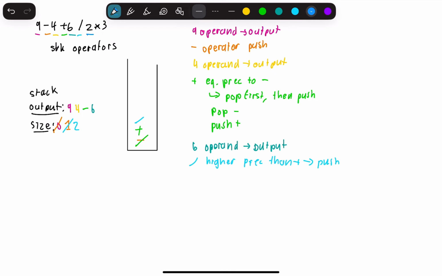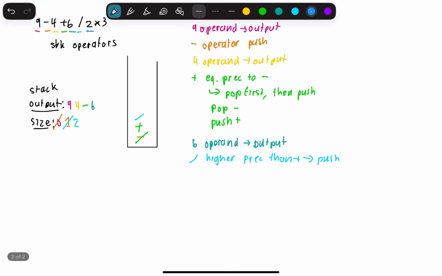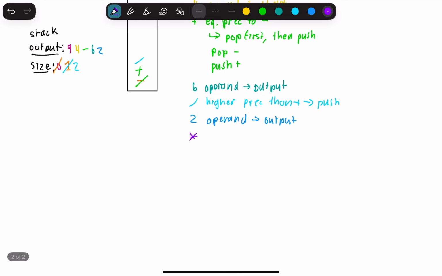So now after this we have 2. So 2 is an operand, and operands go to the output, right? So you write that here, and your size is still going to be 2 because you didn't alter anything. Now after this you have times, right? The times is equal precedence to the division sign. And what do you do with equal precedence again?